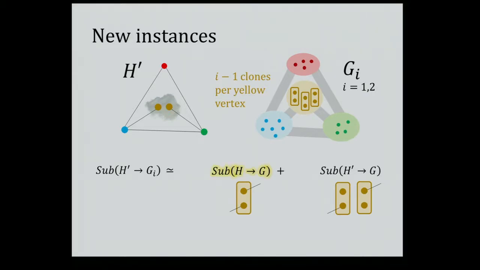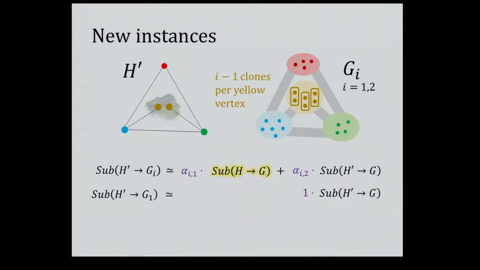By contracting these two vertices to one in the first case, we end up with a copy of H in G. Whereas in the second case, we get a copy of H prime in G. This is not entirely true, or actually it is true, but to get from these graphs to this number of subgraphs, we have to multiply by some constants. Because a given subgraph H in G can be extended in different ways to some subgraph copy of H prime in GI. And this will give some coefficients.